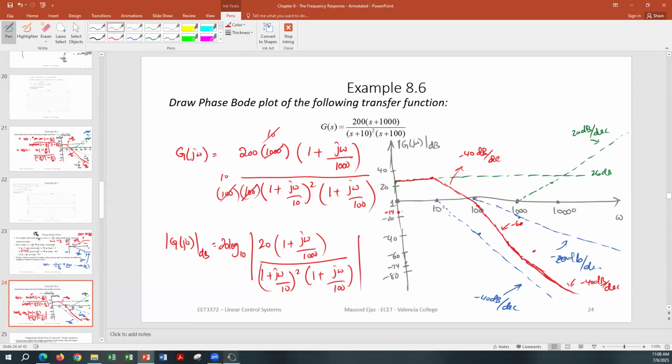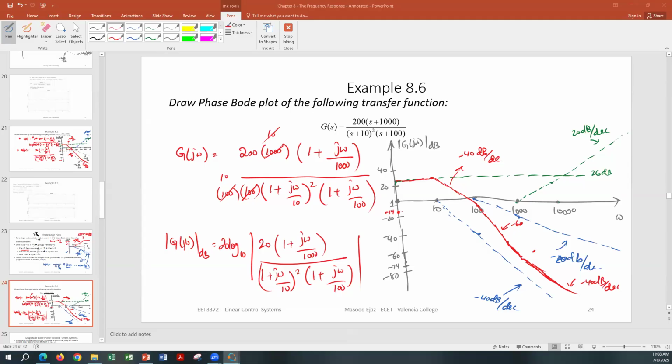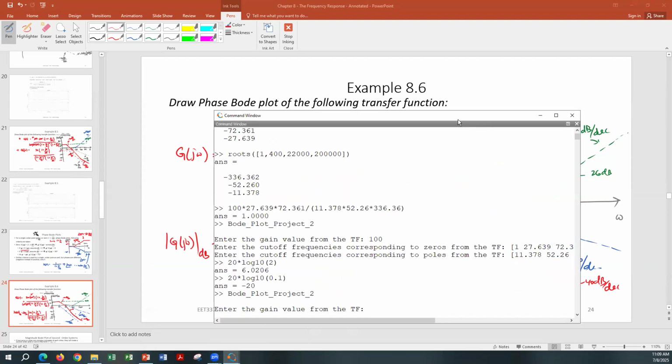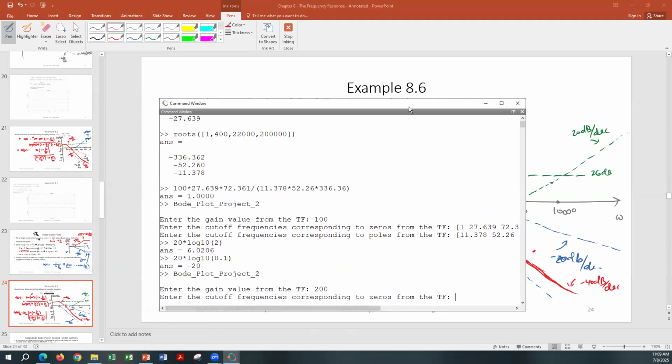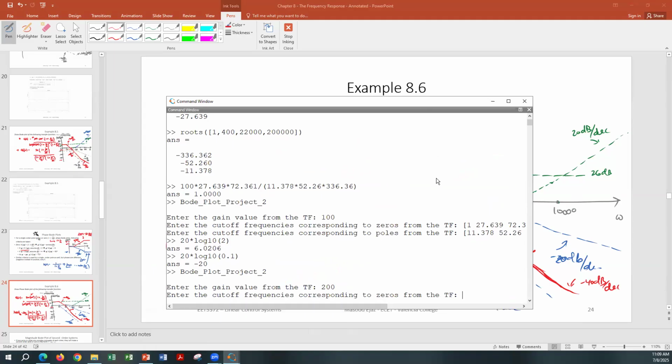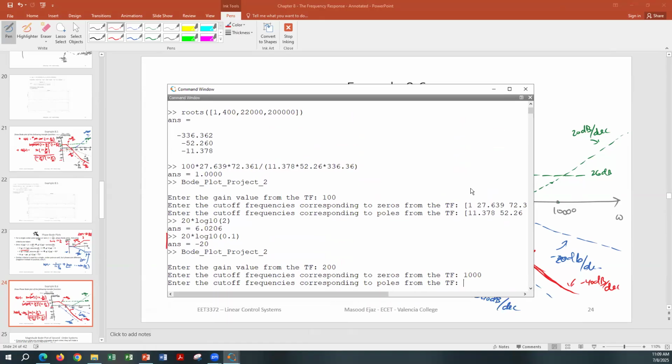All right, let me do this real quick. All right, the gain of the function is 200. 1000. 10, 10, and 100.